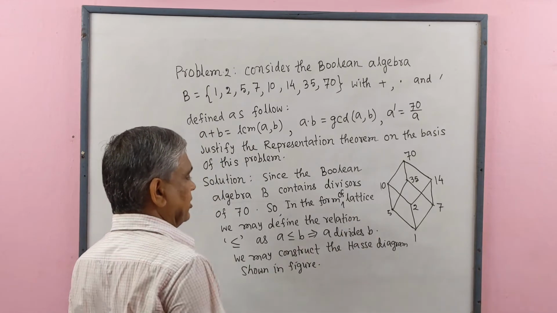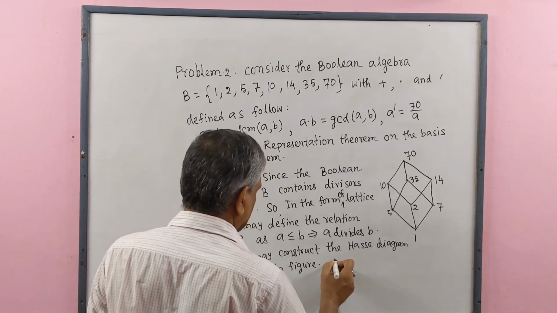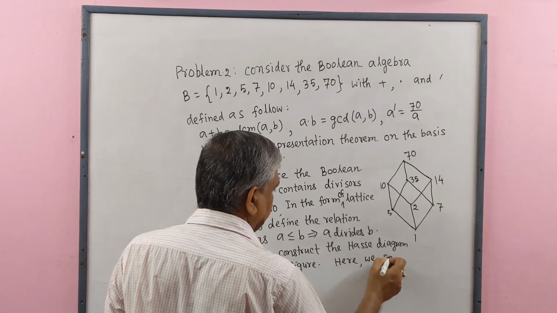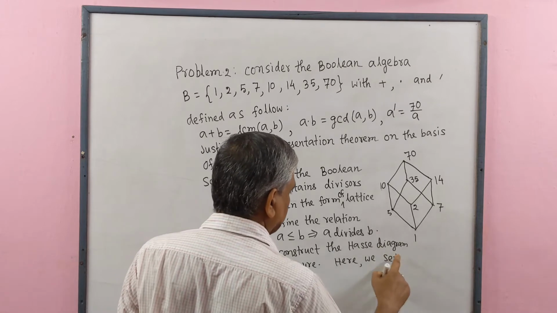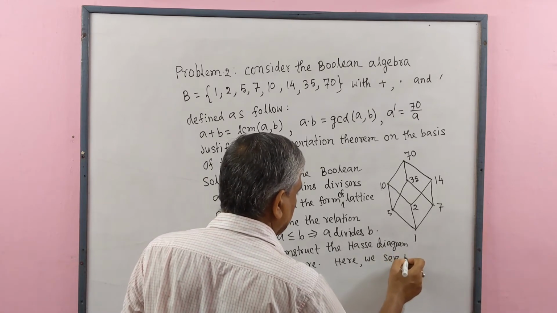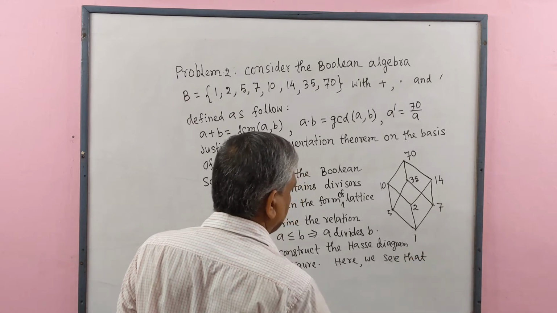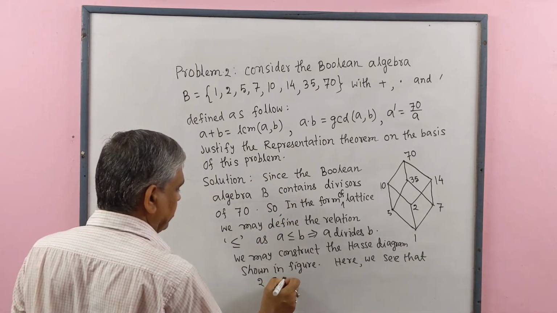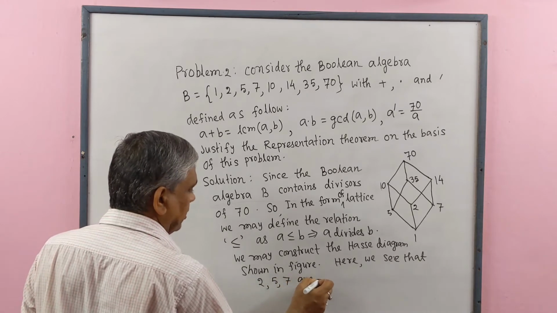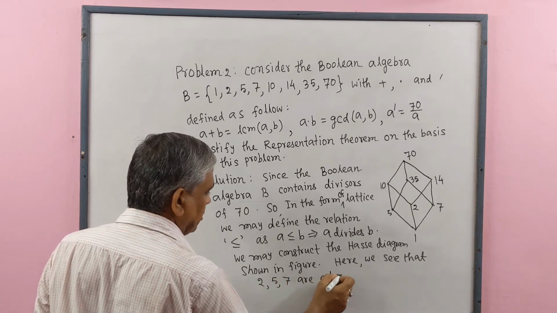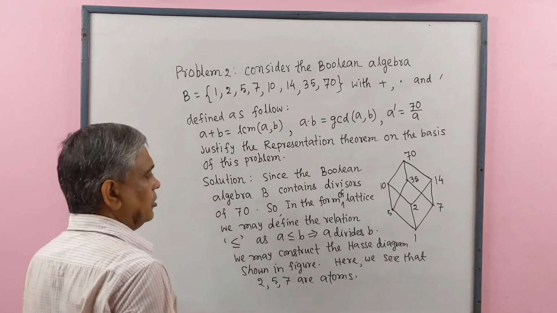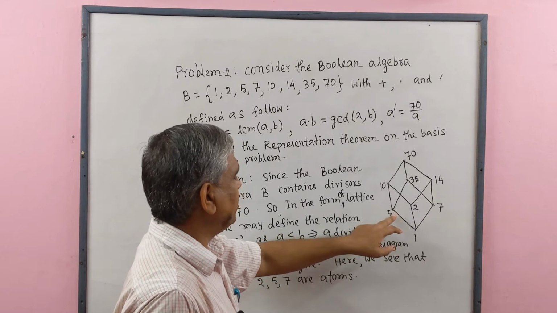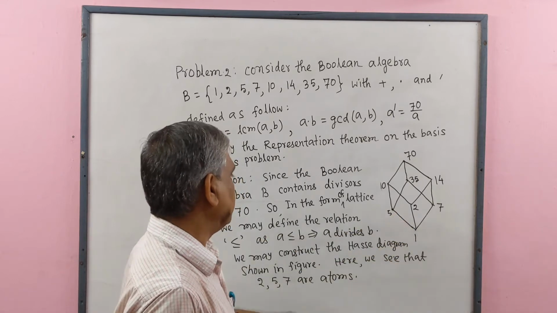Here we see that 2, 5, 7 are atoms. Between 1 and 5 we do not get any element.